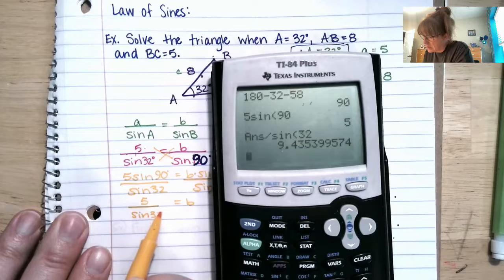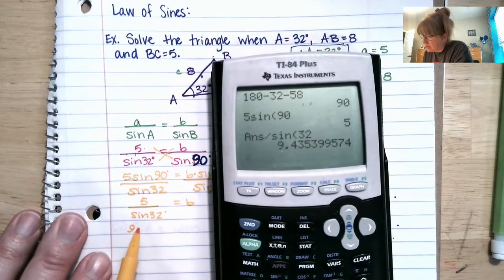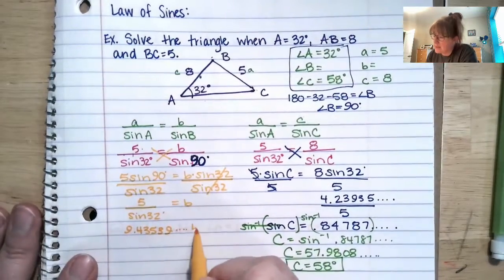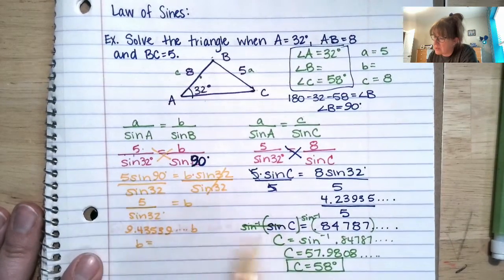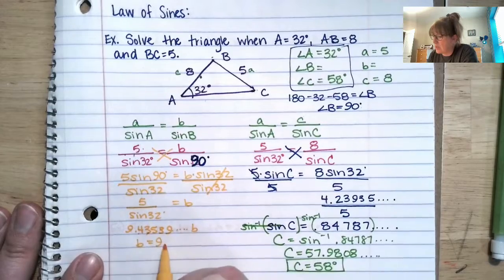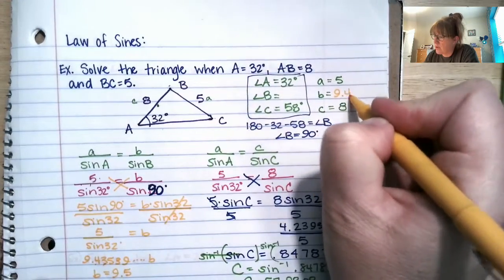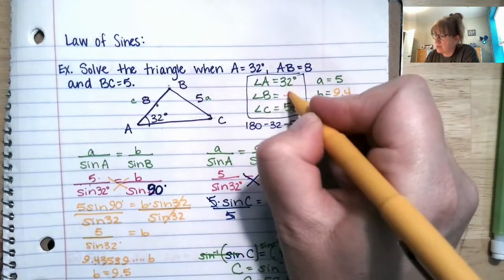We put in sine 32, and we get 9.43539, and so on. So little b, let's round to the nearest tenth, is going to be 9.4. So little b is 9.4, and we found that big B was 90 earlier.